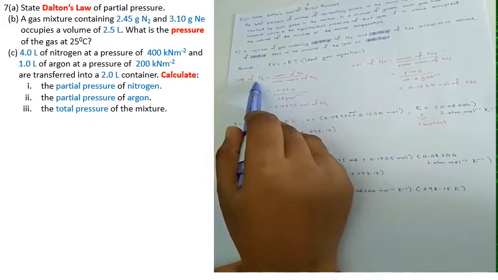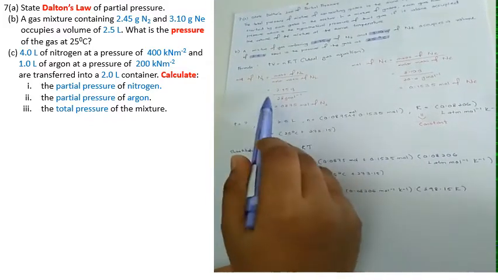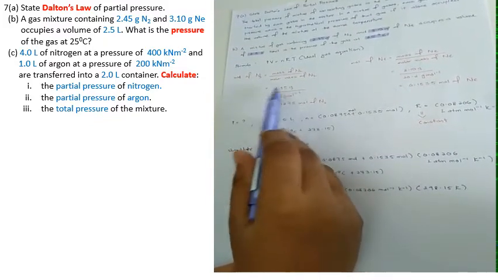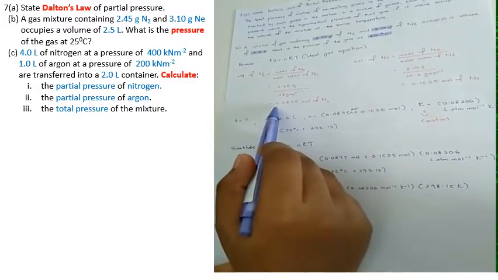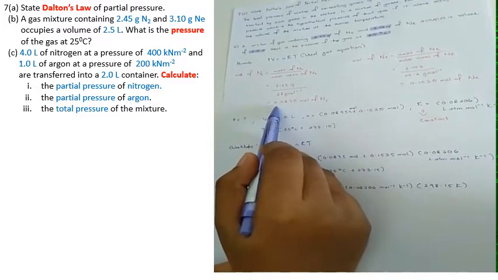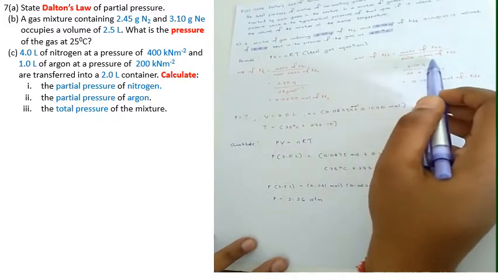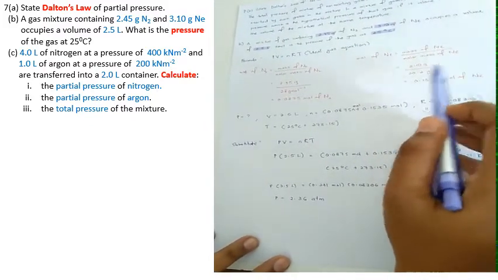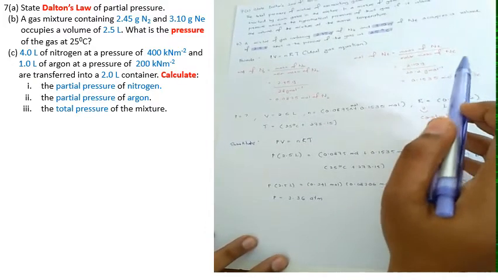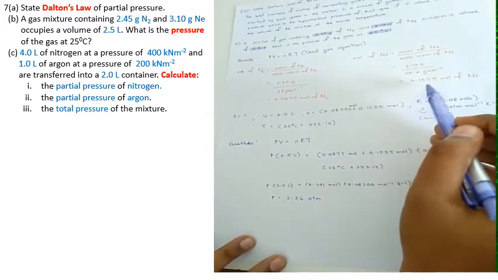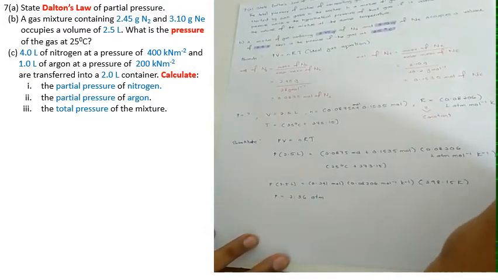Mole of nitrogen is mass over molar mass, 2.45 over 28 gram per mole, and we will get 0.0875 mole of nitrogen. And for mole of neon, mass over molar mass, 3.1 gram over 20.2 gram per mole, we will get 0.1535 mole of neon.